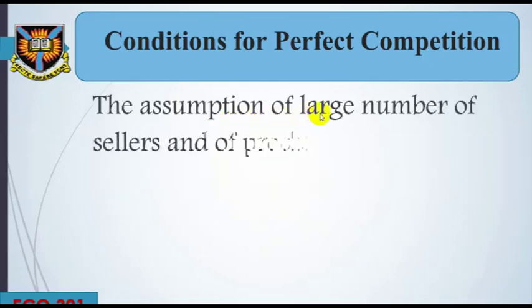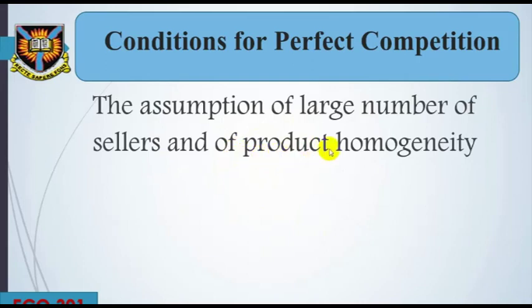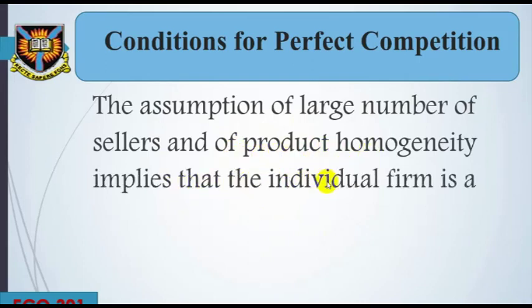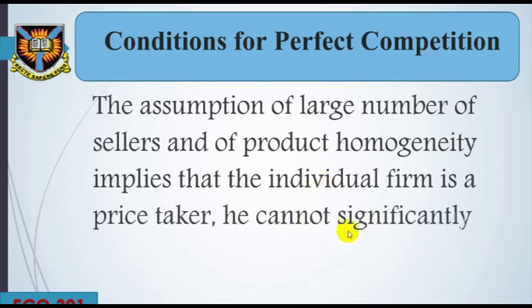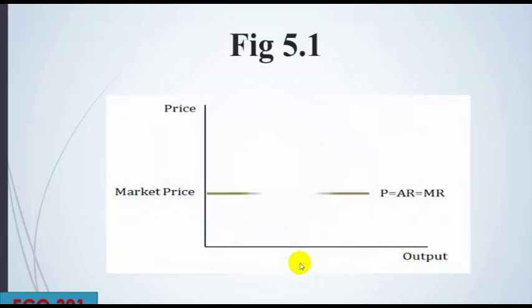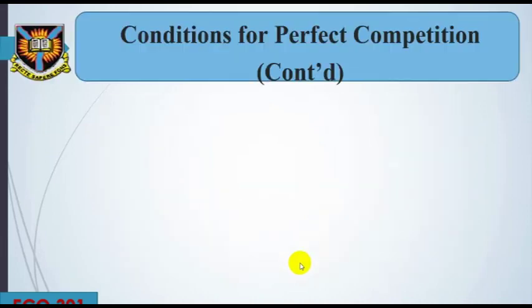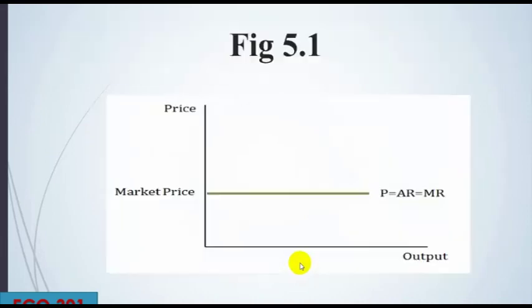The assumption of large number of sellers and of product homogeneity implies that the individual firm is a price taker. It cannot significantly influence market. The demand curve confronting the firm is thus infinitely elastic, indicating that the firm can sell any amount of output at the prevailing market price.